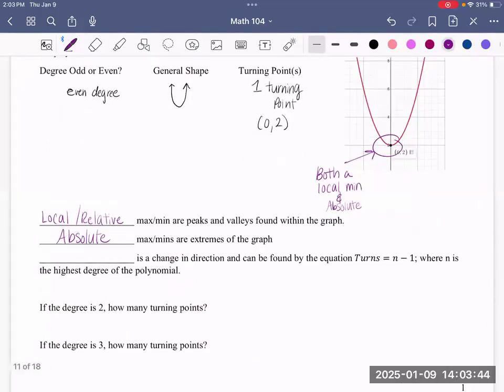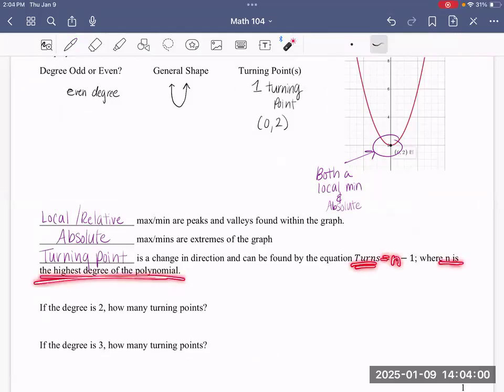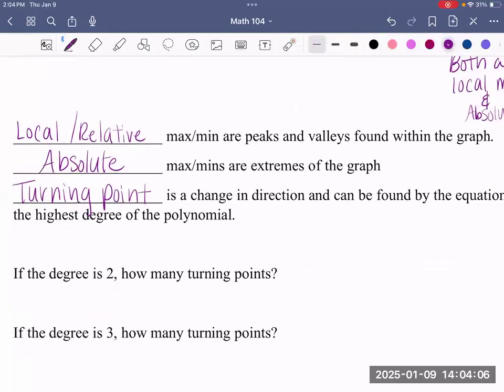Now, a turning point is a change in direction and can be found by an equation where the number of turns that you have is equal to n minus 1, where n is the highest degree of your polynomial. So if the degree is 2, therefore n is equal to 2, how many turning points are there?